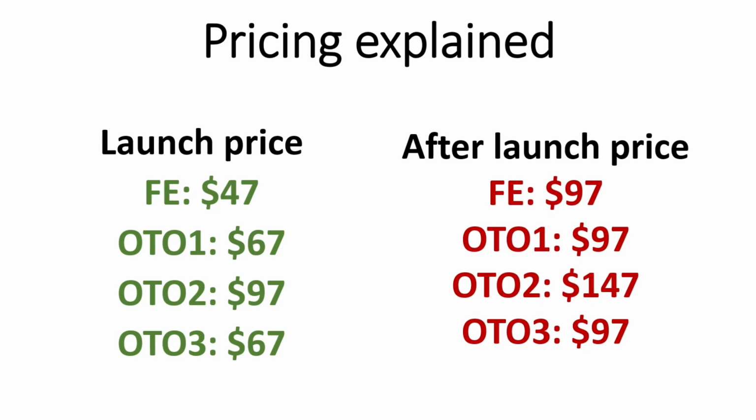The launch price for OTO number 3 is $67, and then after the launch, it goes up to $97. So bear in mind the launch is between the 18th of August and the 21st of August. So please make sure you are absolutely 100% crystal clear with which version you're getting and what the prices are now and what they're going to be after the launch period.